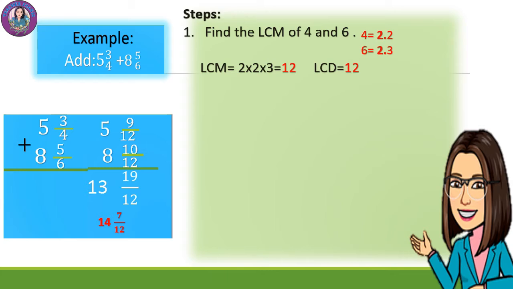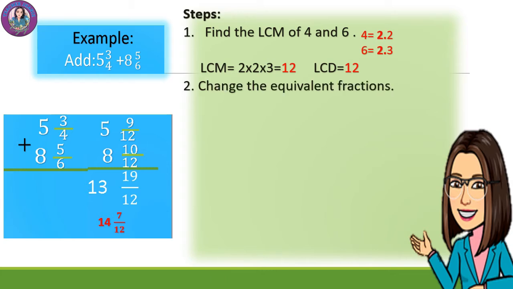Since we have one pair of 2, we count that as 1, then the remaining prime factors will also be multiplied. So we have 2 times 2 times 3 equals 12. And that 12 is used as the LCD to get the answer in step 2.